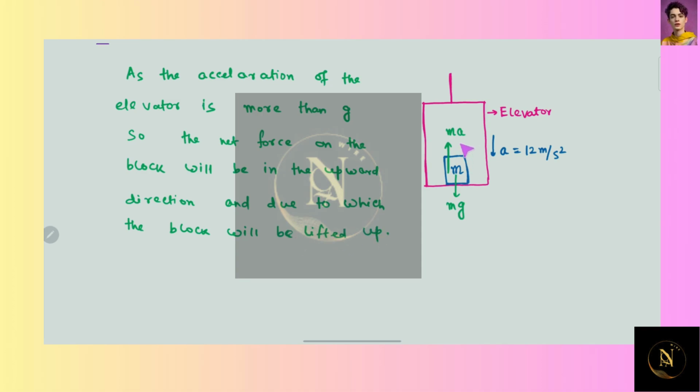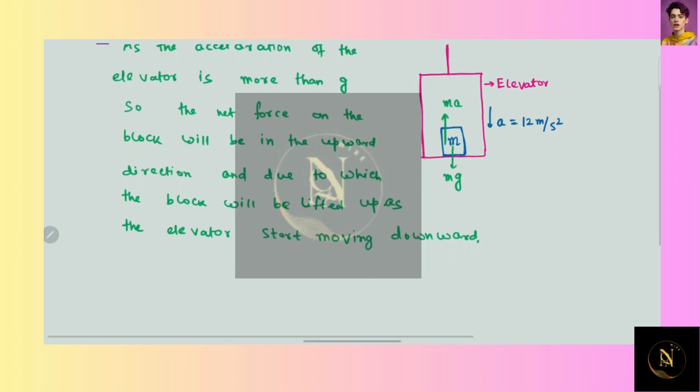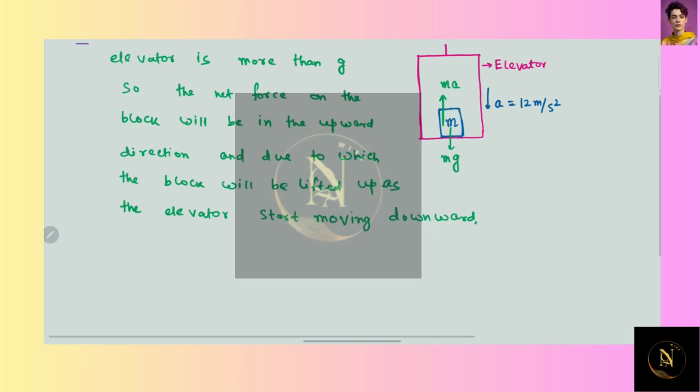As a is more than g, obviously the pseudo force on the block in the upward direction will be more than the mg force, and due to that the block will be suddenly lifted as the elevator starts moving downward.